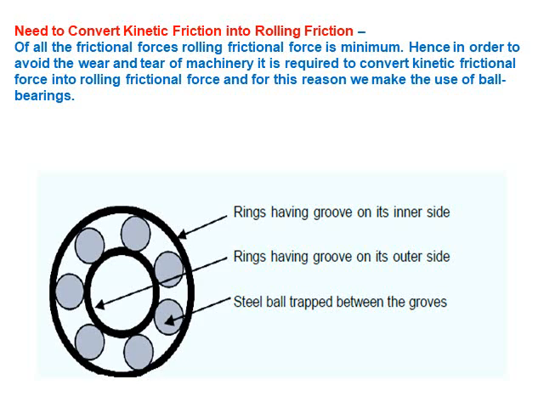There is no sliding or static friction in such an ideal situation. We need to overcome rolling friction only, which is much smaller than the sliding frictional force. That's why the wheel has been considered as one of the greatest inventions.